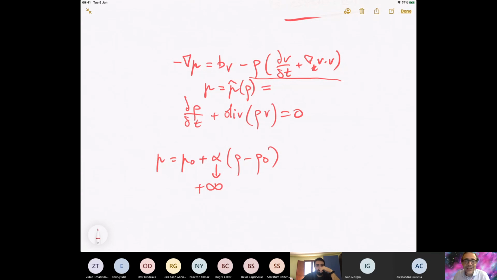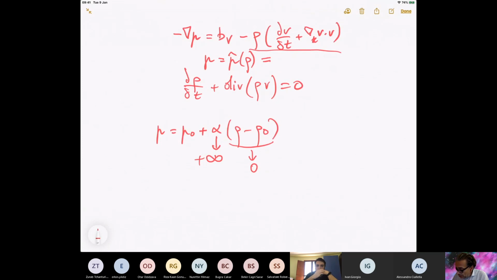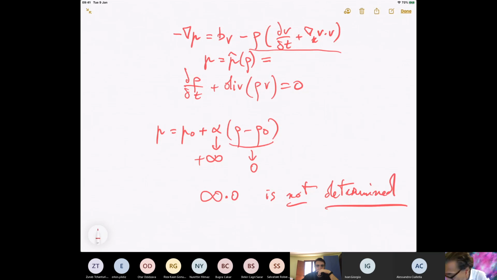And this is against every principle of thermodynamics. So this must tend to zero in such a way that the product remains finite. But you know that 0 times infinity is not determined.